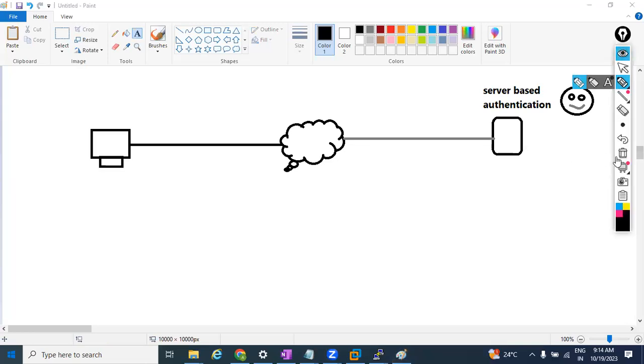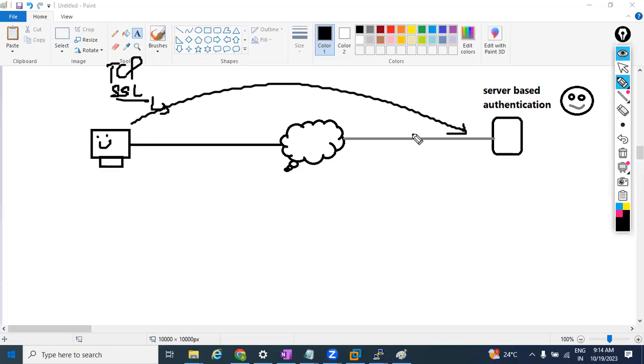Means when I start the connection establishment, after TCP, there would be SSL. In SSL we have messages, the fourth and fifth messages, where the client would ask, hey, could you share your digital certificate with me? I just want to verify. I'm not sure, have you seen that kind of error or not?